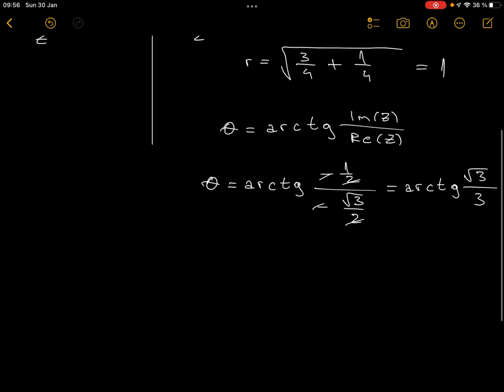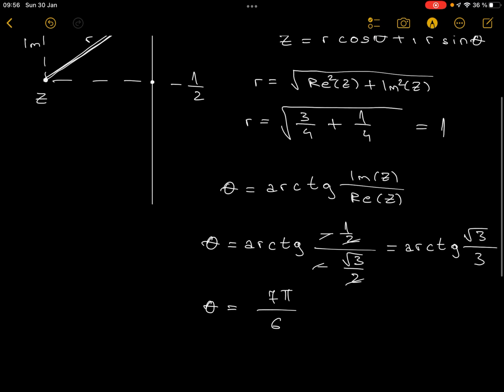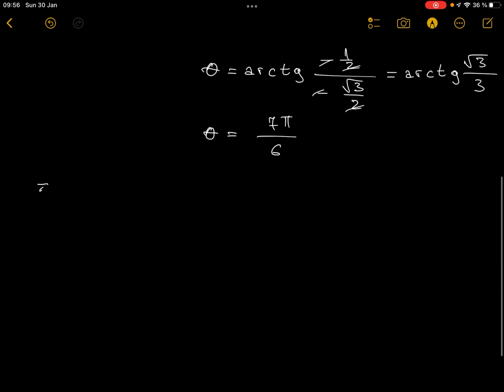So we're no longer asking ourselves what angle has the tangent of square root of 3 over 3. What we're asking ourselves is what angle is in the third quadrant and still has the tangent of square root of 3 over 3. So that angle is 7 pi over 6.